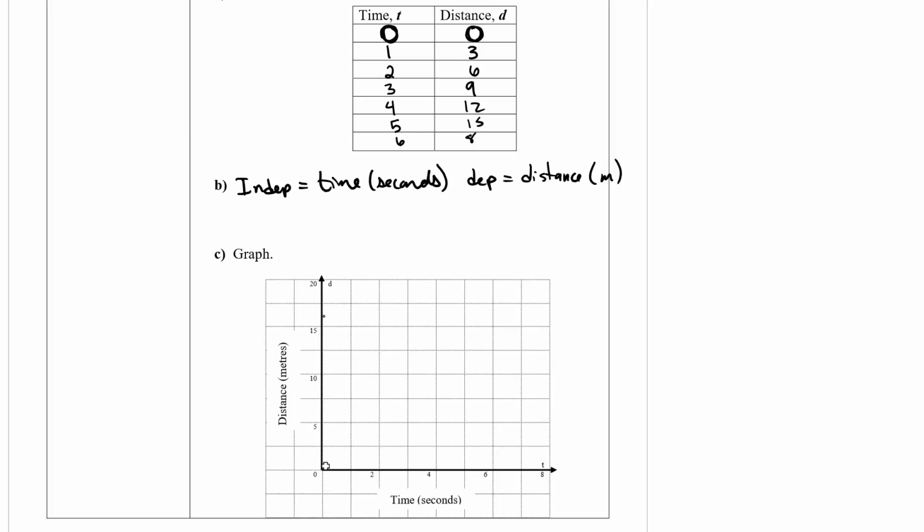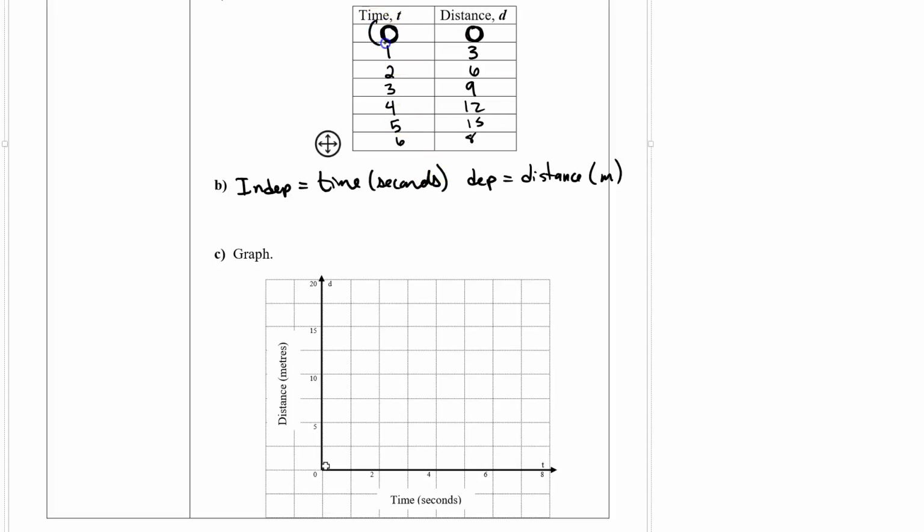So if you don't quite get it after this video, don't worry. You can do some of the practice questions, but if you need a few extra examples, I'll have 4 more in the next video. So let's graph using our plotting skills that we learned in 6.1, or were reminded of in 6.1. Let's plot these.